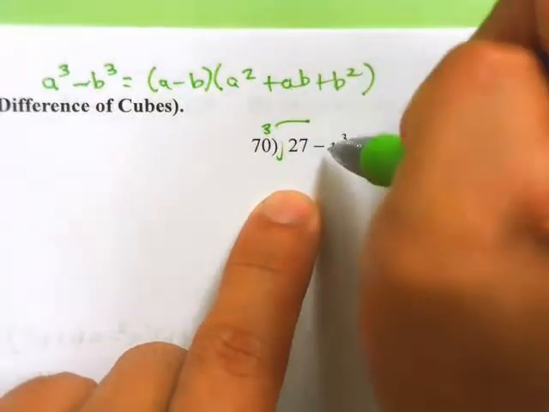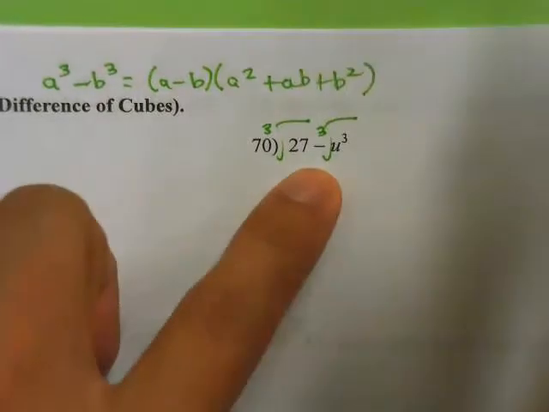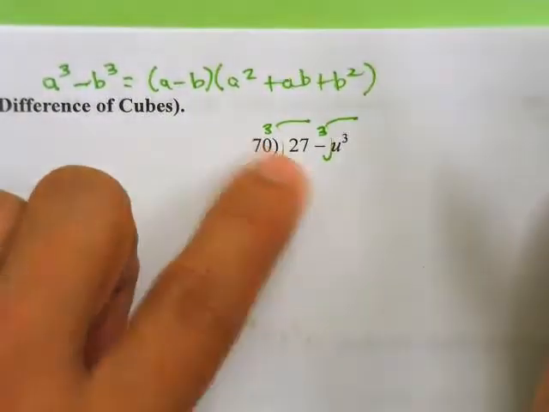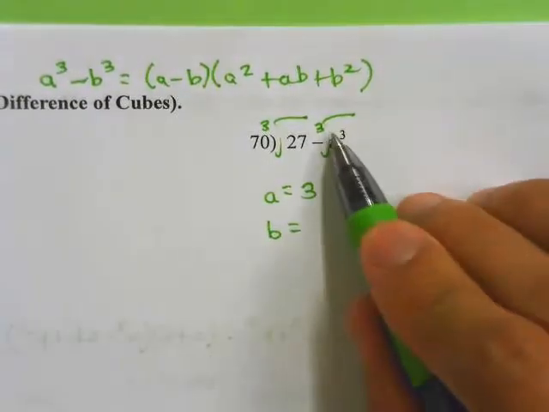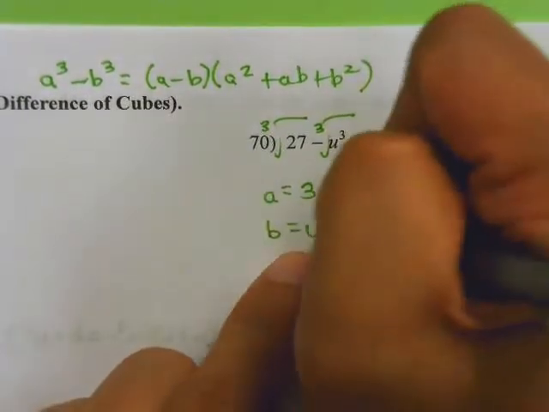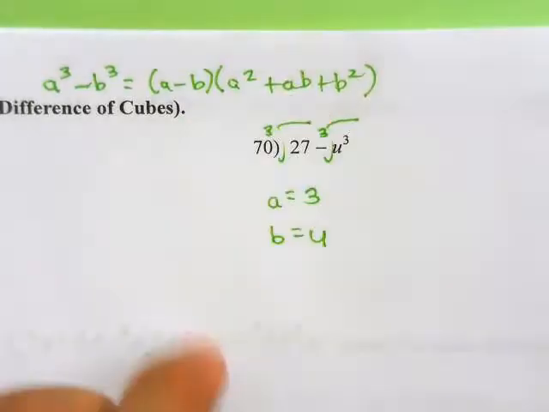I just want to check if they're cube rootable and there's a minus sign. So our a value, cube root of 27 is 3. Cube root of u cubed is going to be u. It is actually very important this time around to have the structure that's going to be parallel to this.